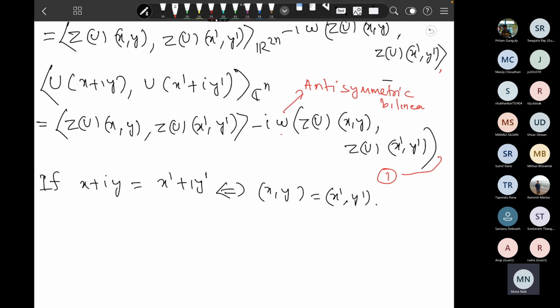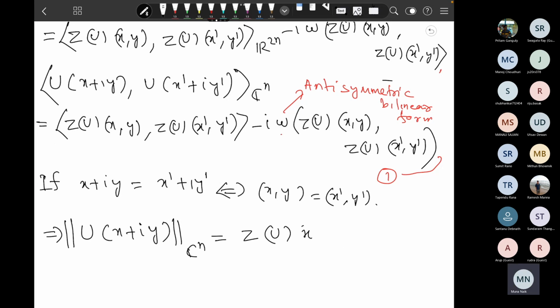So if I put that, you will get that the norm of U of x plus iy in Cn is equal to the norm of ZU of xy on R2n.